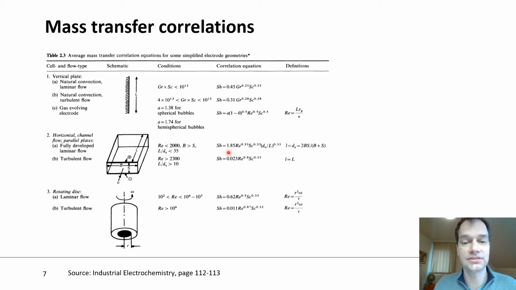For example, this first equation is valid in a certain Reynolds regime, and this other equation is valid when the Reynolds number is higher. Looking at the Reynolds values, you can see that the first one is more laminar and the second one is turbulent. You can also see that the second equation has another characteristic length than the first equation.